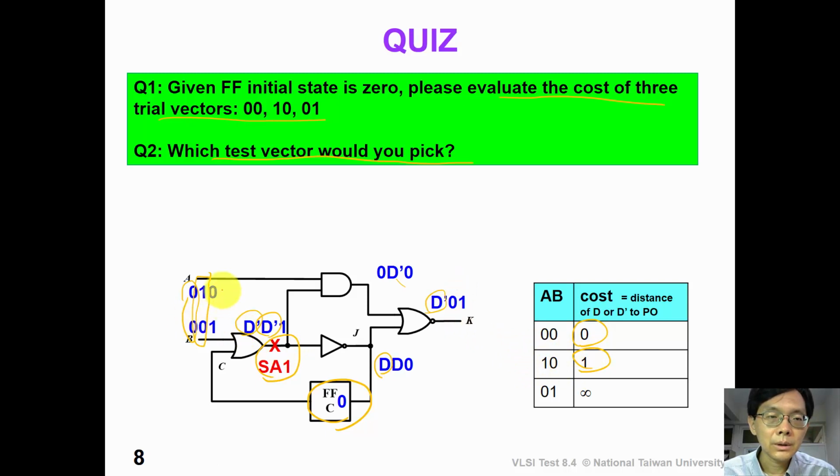Finally, for the last trial vector, we cannot activate the fault, so the cost is infinity. Out of these 3 trial vectors, 0, 0 has the lowest cost, so we would pick 0, 0. Have you got it correctly?